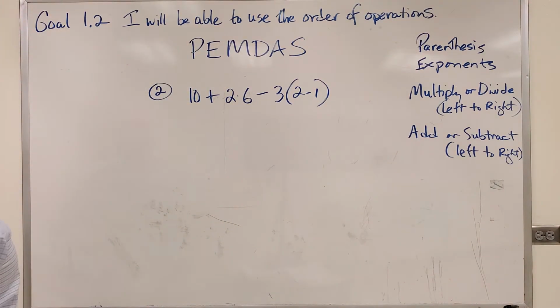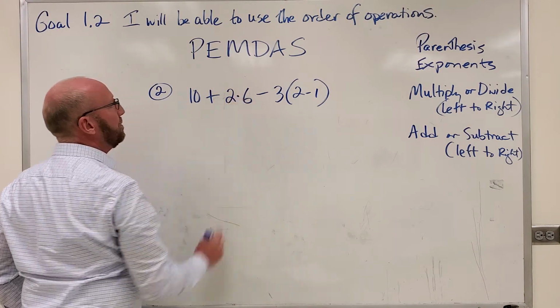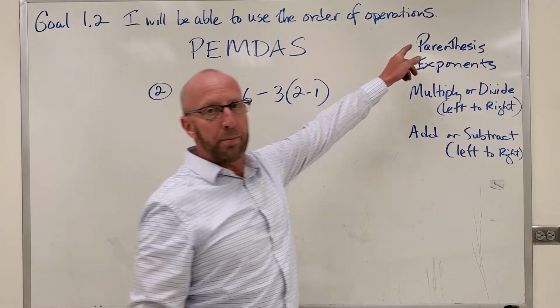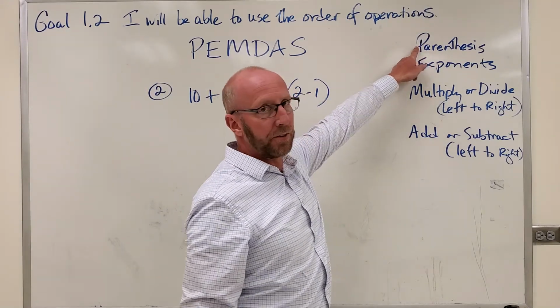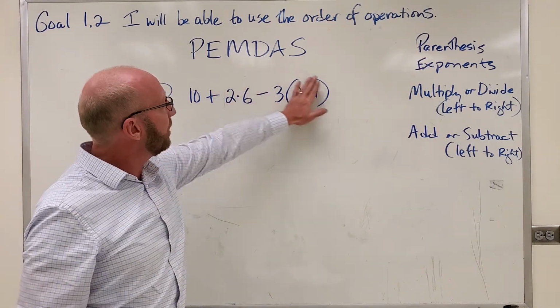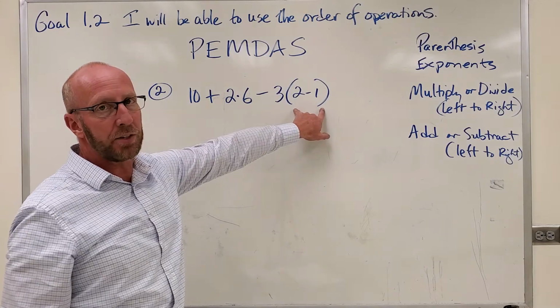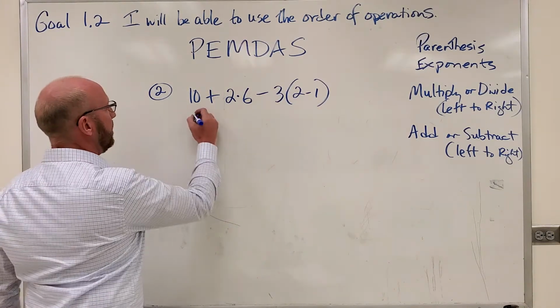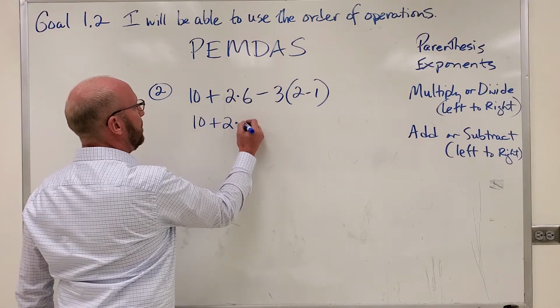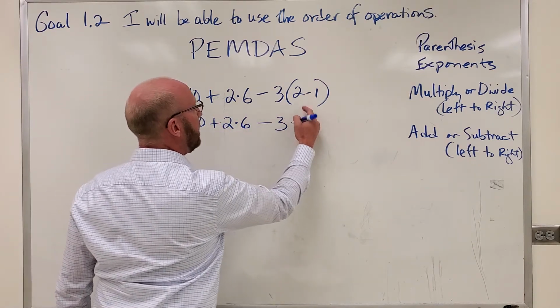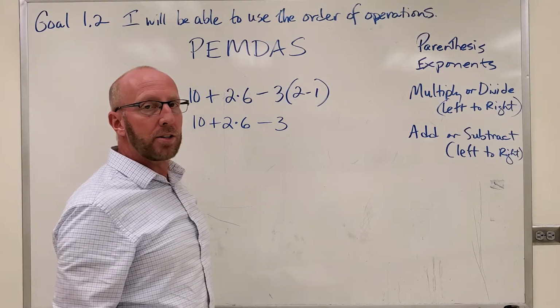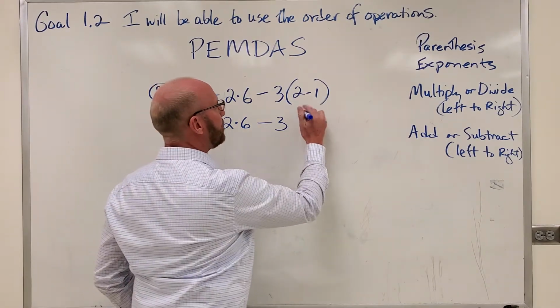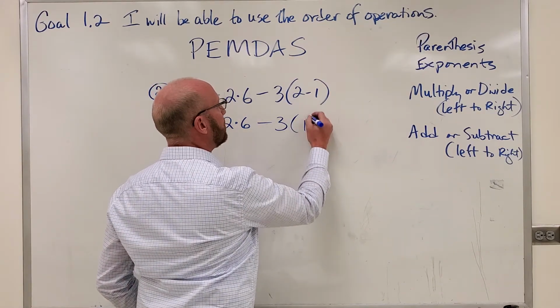As we take a look at this, I'm going to use my PEMDAS, parentheses first. As you look at the entire line, I do see a set of parentheses, so I'm going to rewrite the entire line and solve the parenthesis. 10 plus 2 times 6 minus 3, and now I solve the 2 minus 1. The parenthesis 2 minus 1 is 1.